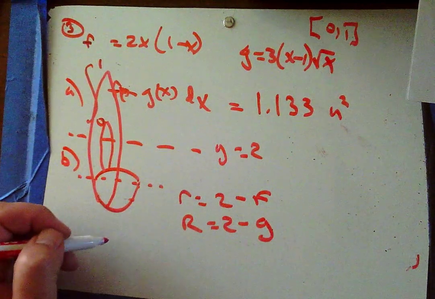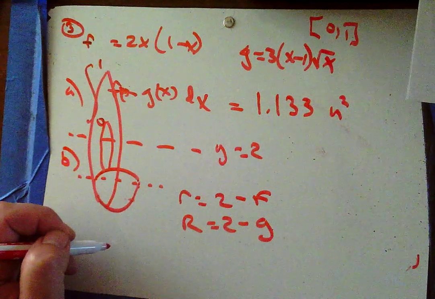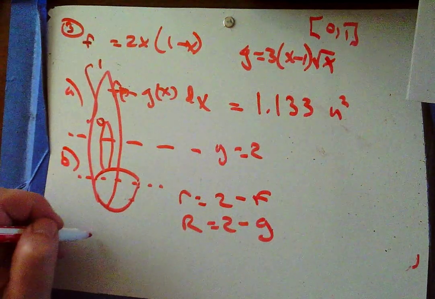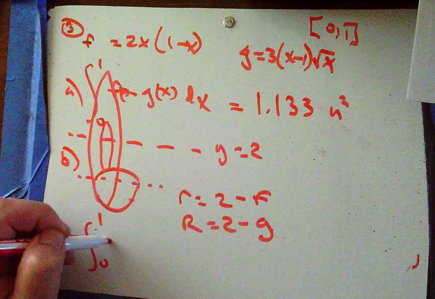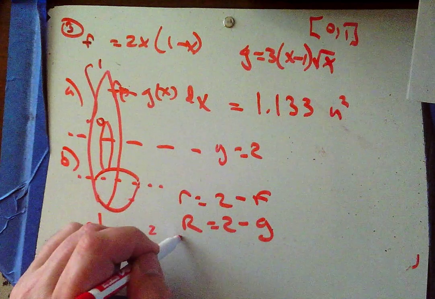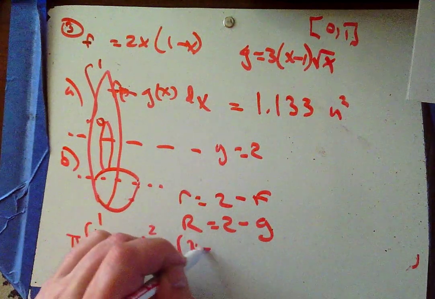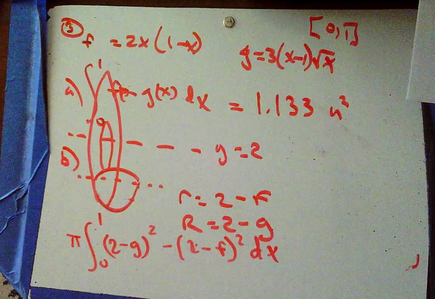And it says here that I'm supposed to find that volume. Okay, so I'm going to say the integral from 0 to 1 of (2 minus g) squared minus (2 minus f) squared dx.